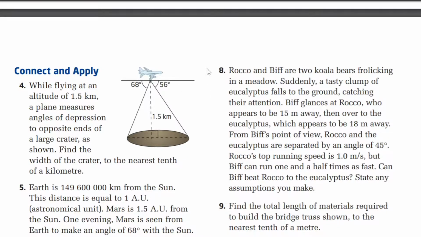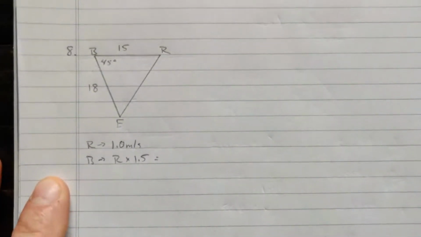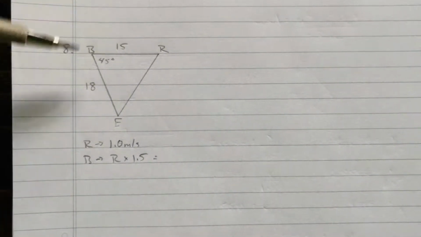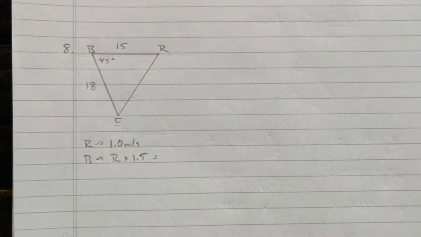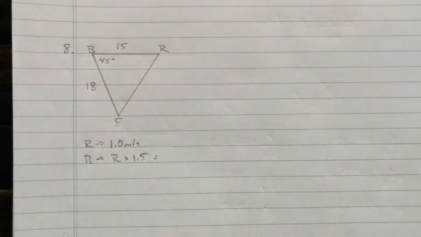So for this one here, I set this up for us already. So I had Biff here. He looks over at Rocco, and again, it doesn't matter how you lay this triangle out, as long as you have Biff, Rocco, and the eucalyptus in some fashion of a triangle. The distance from Biff to Rocco is 15 meters. The distance from Biff to the eucalyptus is 18 meters.